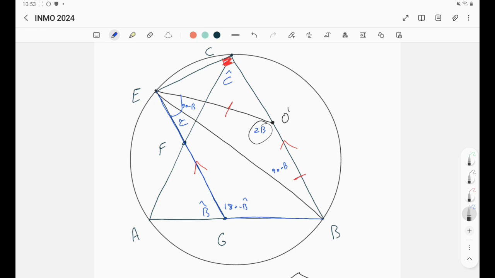Once you see that, you can easily check that if you can prove this, then you're done. So now our main goal is to prove this, and in order to prove this, we just choose a phantom point here, O prime, that satisfies these guys being equal, and it lies on the side. Then of course we just found this angle easily, and hence it's 360 minus 2 times this angle, and that just finished the proof, because this thing is indeed the circumcenter of the triangle, and thus we're done.